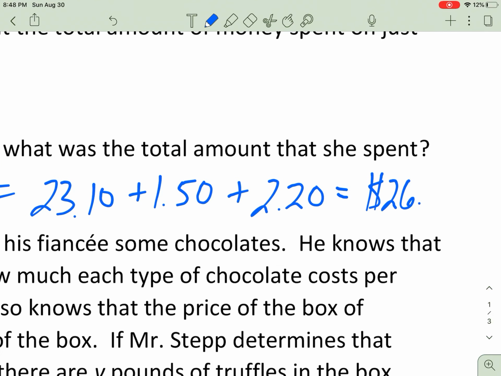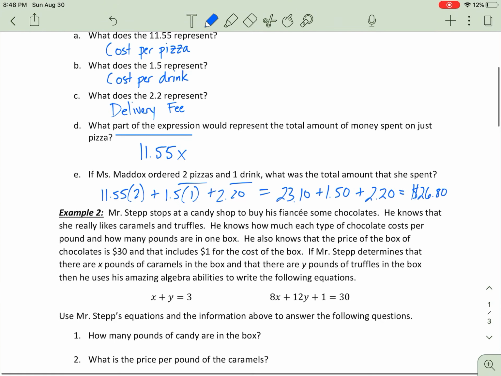Let's see. 2, 5 is 7 and 8. 2, 1, yep, 26.80. That's the total cost.